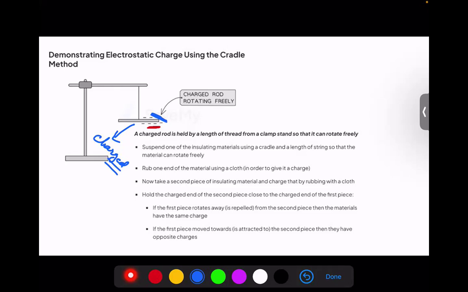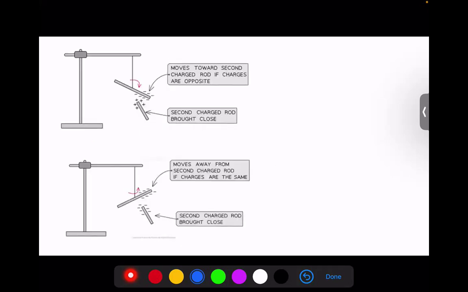Once you have done this, you have to show that this rod has been charged. How do we do that? We take a charged rod and bring it near, and we know what the charge on that rod is. We know beforehand that this charged rod is positively charged.